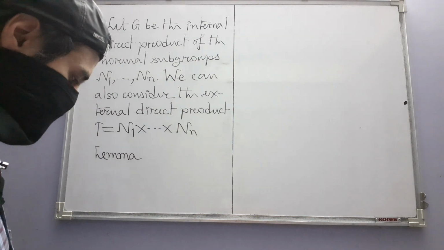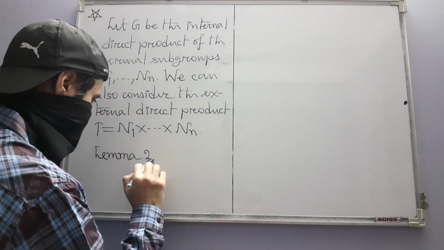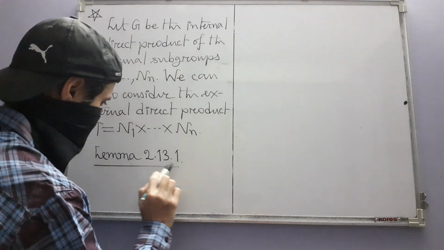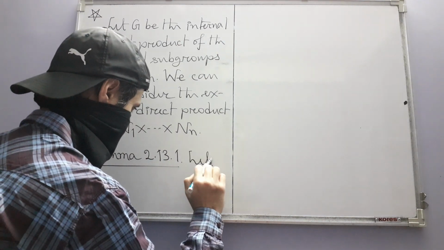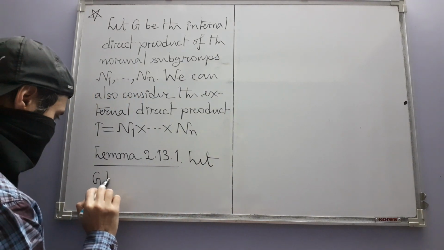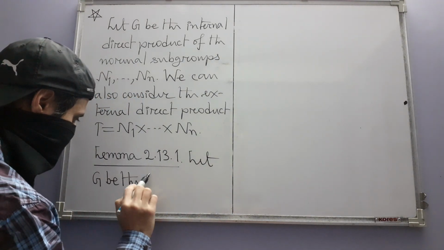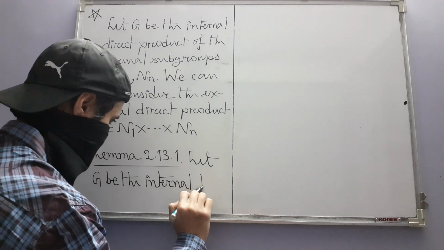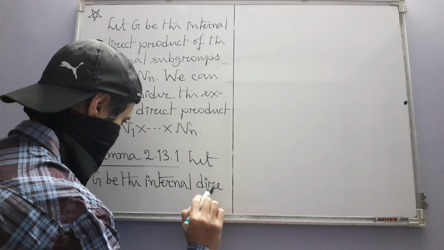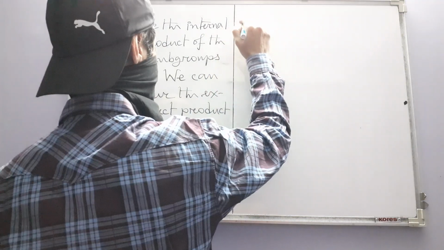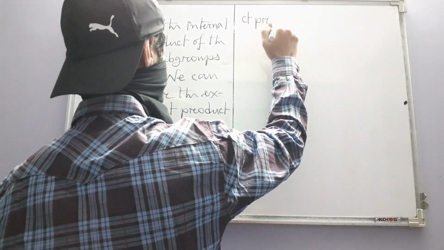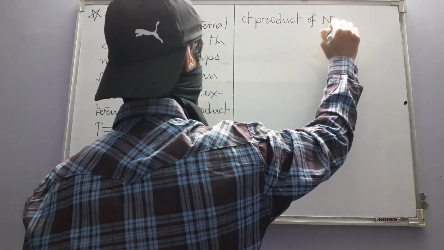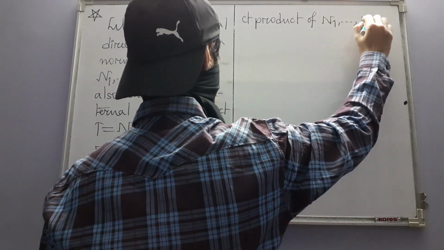This is lemma 2.13.1. 13 because it's the 13th section. Let G be the internal direct product of these subgroups.